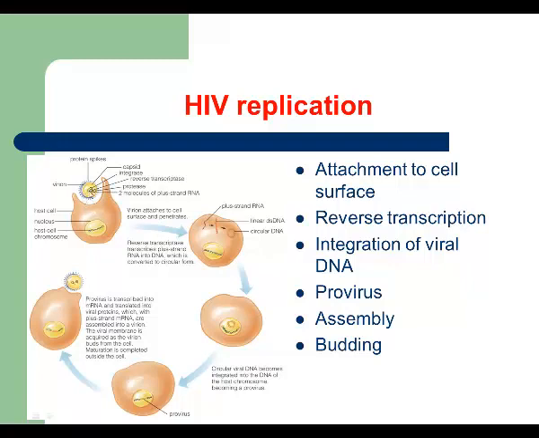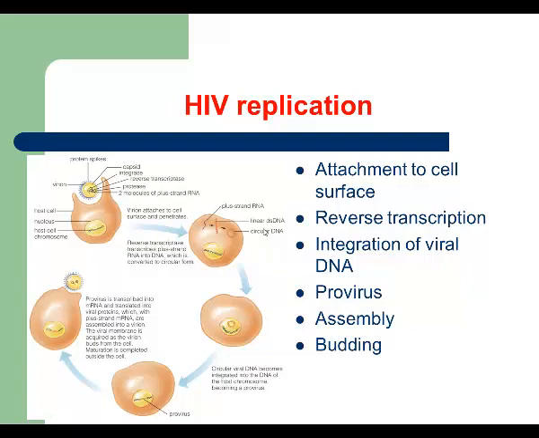After that, nucleic acid of HIV virus in form of RNA molecule will be inserted into cytoplasm of the host cell and will go through reverse transcription. As you remember, the final product of reverse transcription is double-stranded DNA molecule. It's a complementary copy of RNA molecule.